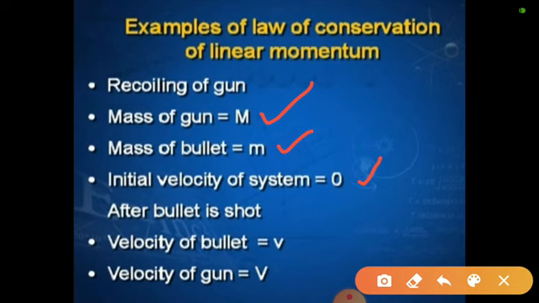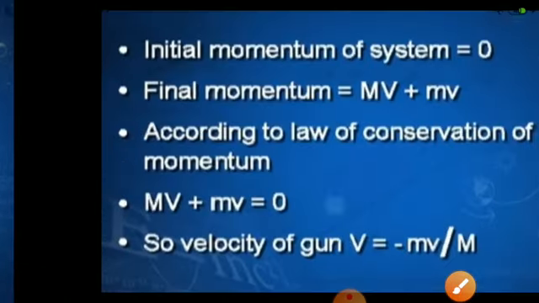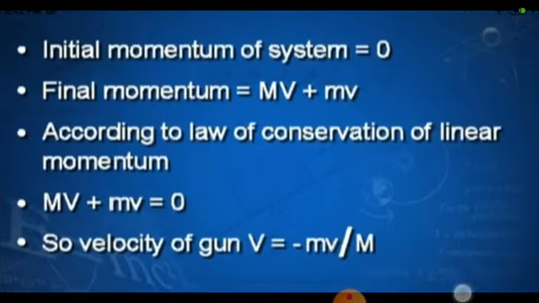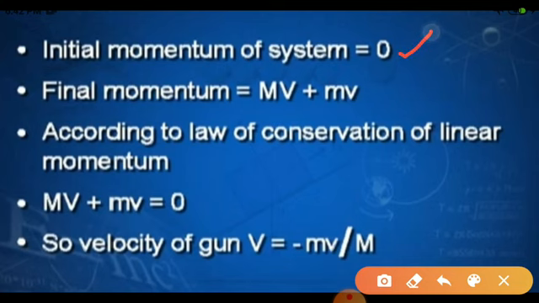But when you fire a shot, both the gun and the bullet move with different velocities, small v for the bullet and capital V for the gun. So the initial momentum of the system is 0 because the gun is initially at rest, and the final momentum is the momentum of the gun and the momentum of the bullet.